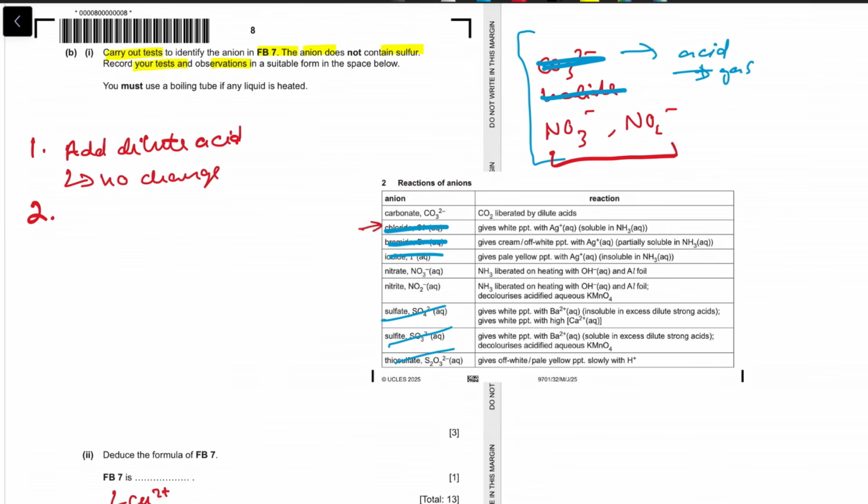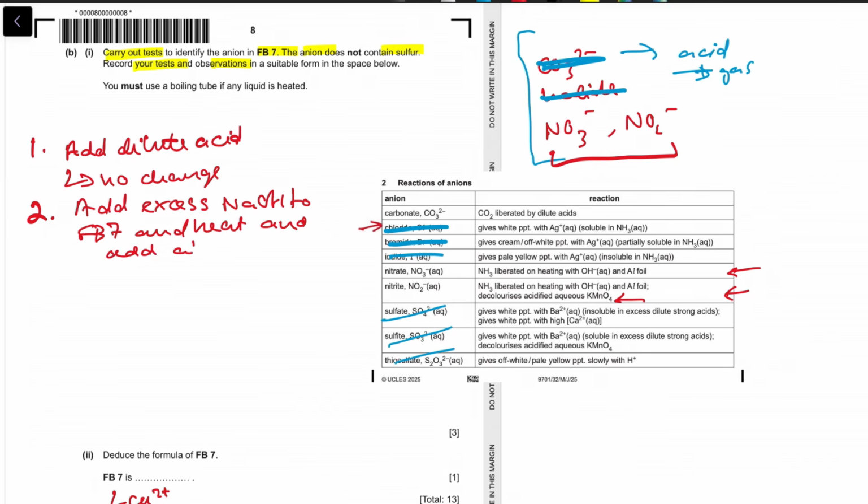So what I'm going to do is, if we look at our table, they both have reactions with ammonia upon heating with sodium hydroxide. Sorry, they both produce ammonia when you heat them with sodium hydroxide and aluminum foil. However, there's an additional step with nitrite ions that we can use to see whether or not this occurs, okay? So we're going to add excess NaOH to FB7, and this is important, heat, and this is important as well, add aluminum or aluminium.